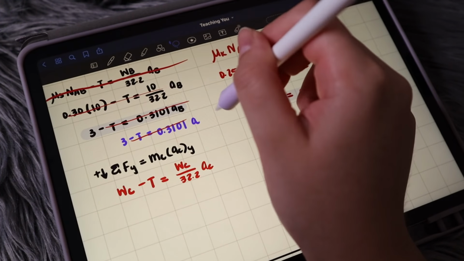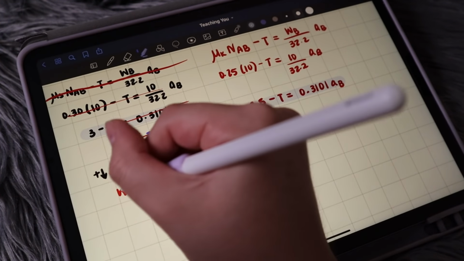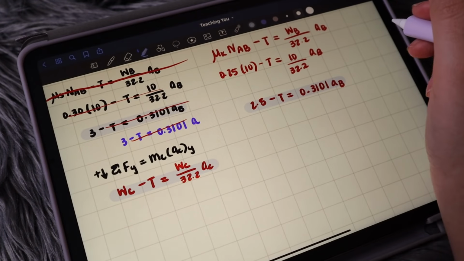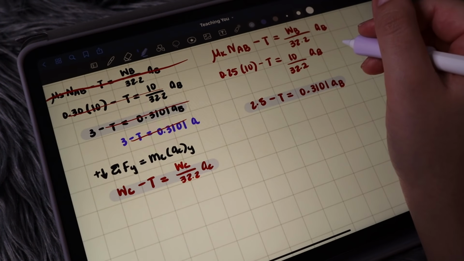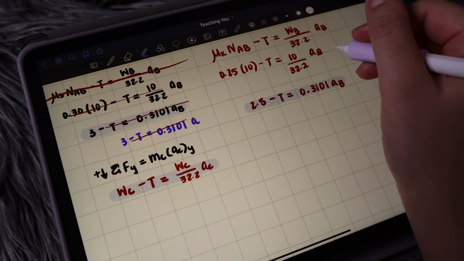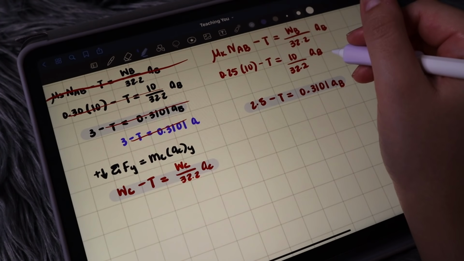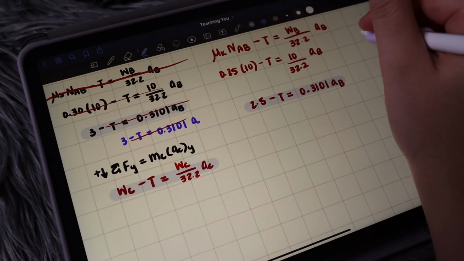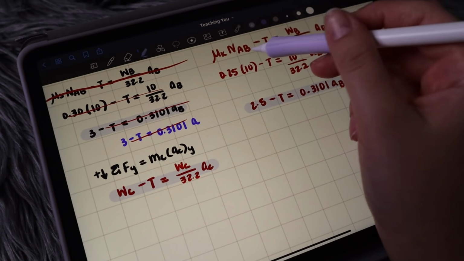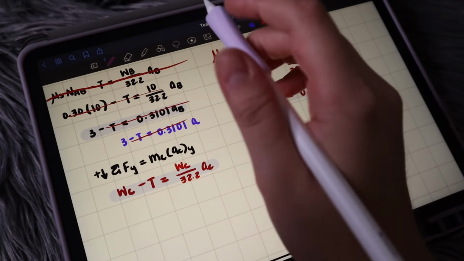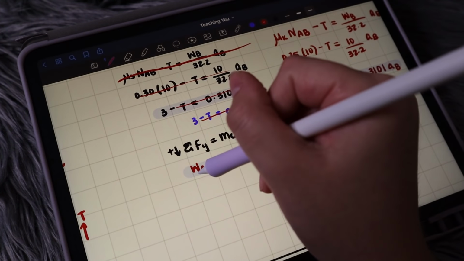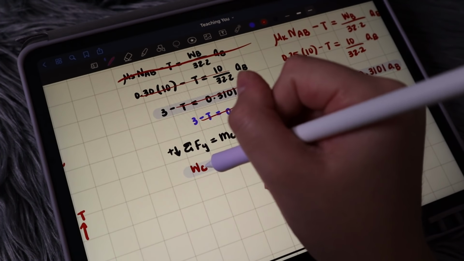So we'll color that red and then highlight it. Okay, so we do know the weight, right?